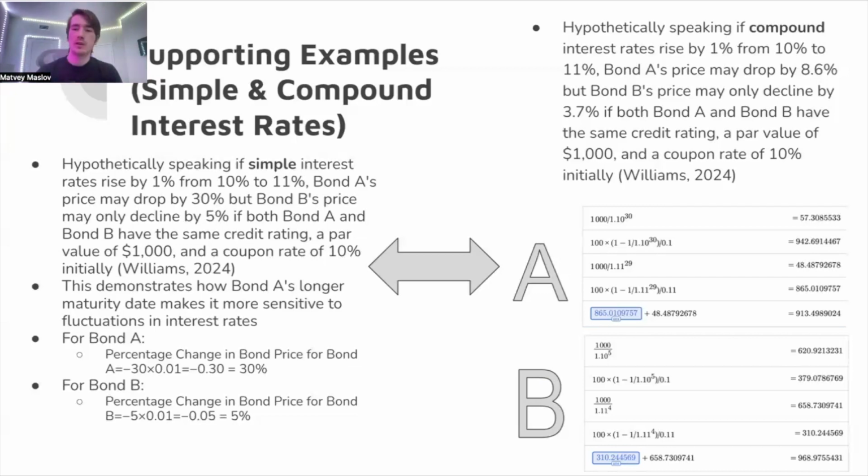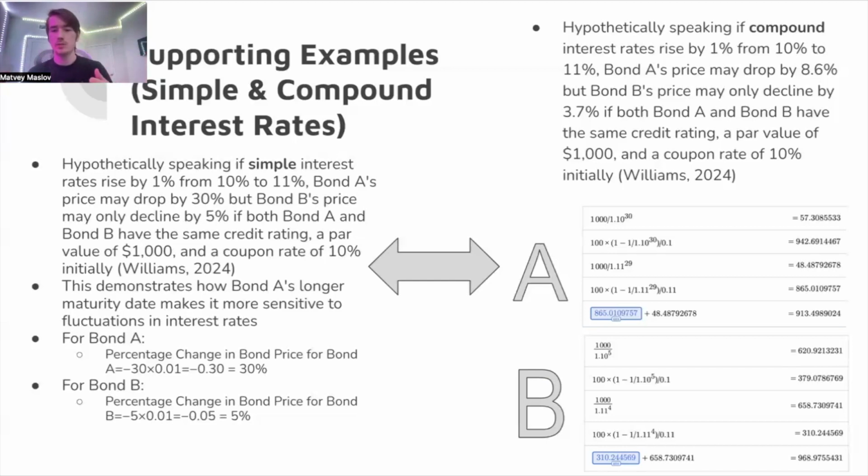If both bond A and bond B have the same credit rating, par value of 1,000, and a coupon rate of 10%, then by looking at those calculations you can see that bond A, as it had a longer maturity date, is losing more every single year by not having this increased interest rate.